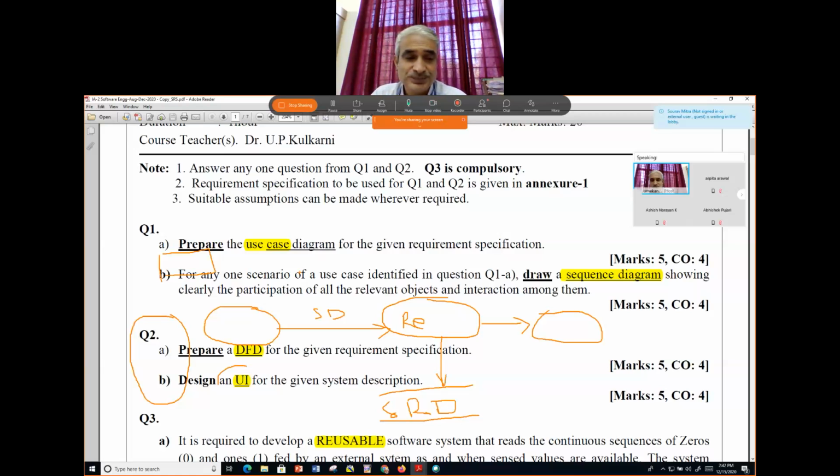Everyone has gone for question number 1. So UI design for the given system description: you read the system description and find out what all the user interfaces are that are required at different stages. You need to do that. Are you clear? Yes, sir.